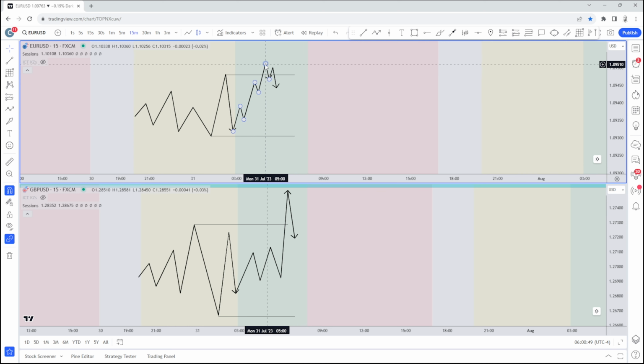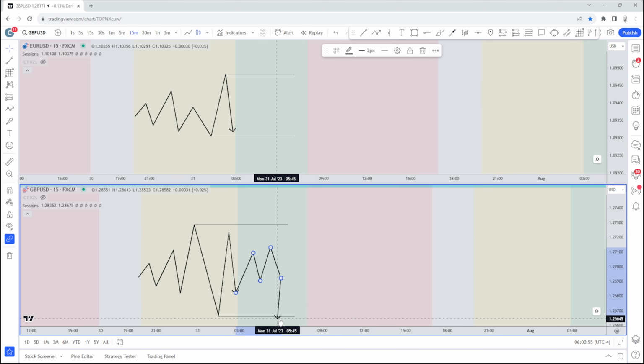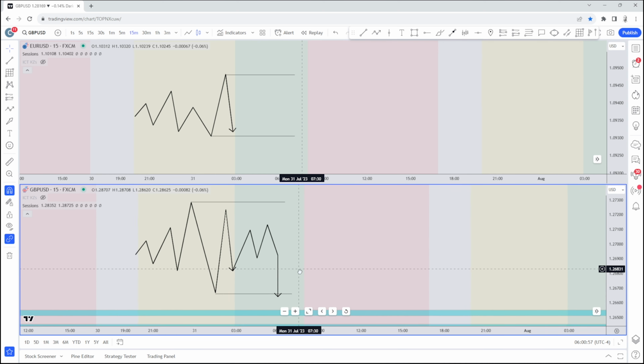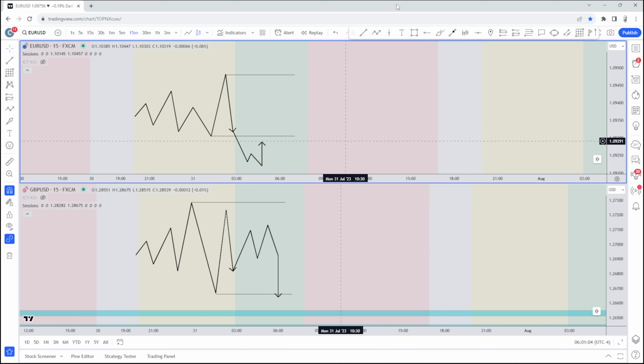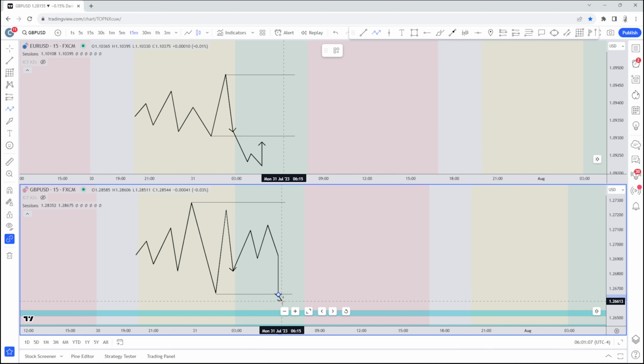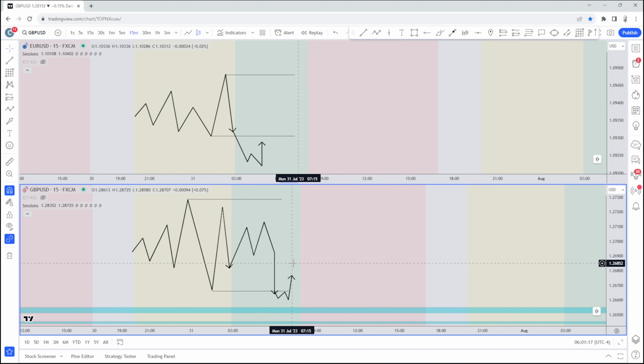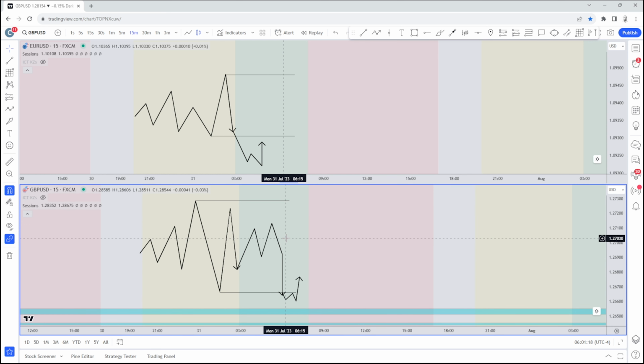This is, let's say, the weakest one. And on the other hand, if we have a break below a low first, we are going to be using the strongest one. This means that if we change character here on Euro US dollar, but on GBP USD we just do a little bit of that and then change character, we will be using GBP USD because it is the one which didn't, let's say, sweep a lot of liquidity.